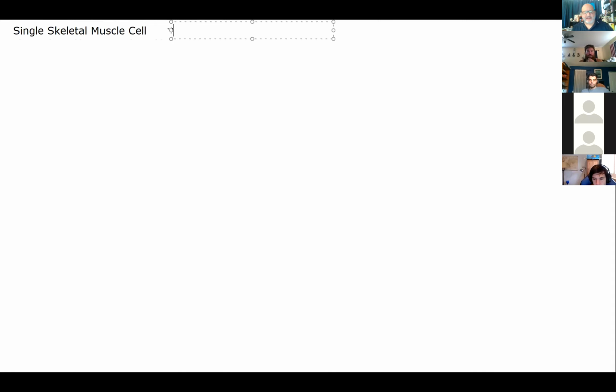And this is a highly specialized cell. One of the primary ways that it's highly specialized is, as we mentioned, it is irritable. It is electrically excitable. It is capable of producing and propagating an action potential.